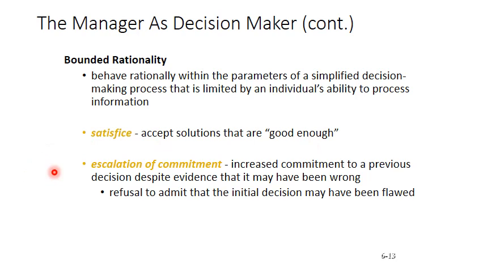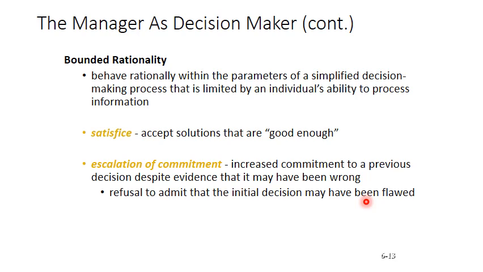There is one other concept that is associated with decision making. We call it escalation of commitment. It means increased commitment to the previous decision despite the fact that it may have been wrong. Refusal to admit that the initial decision may have been flawed. Most of the time it so happens that the top management or the decision maker shows escalation of commitment to the previous decision.